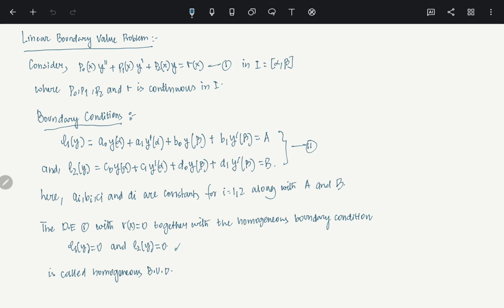So Rx is there, but L1y equals 0 and L2y equals 0. This is what we are assuming. Just an extra assumption, that is.